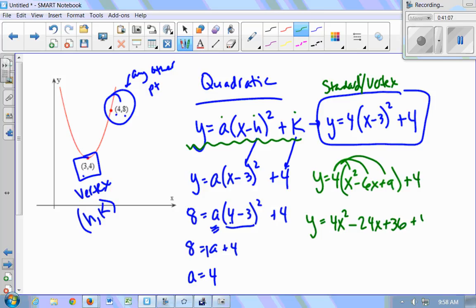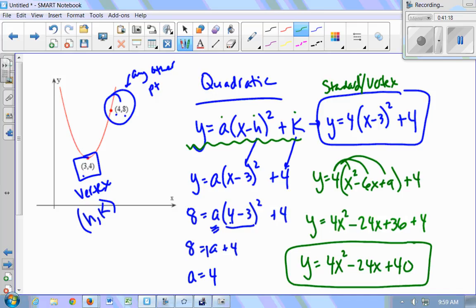And then I still have the plus 4. And then combine like terms: 4x squared minus 24x plus 40. That's your polynomial form or your multiplied out form. Looks like ax squared plus bx plus c.